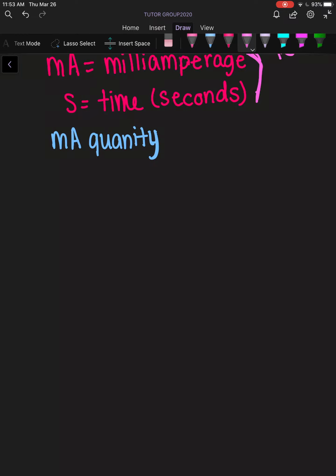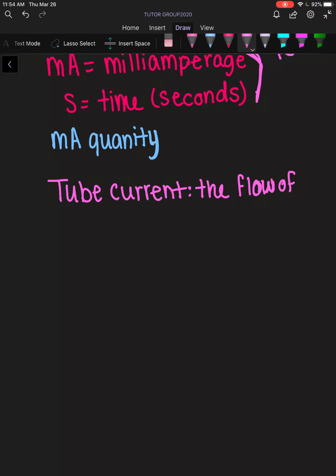Tube current is something you definitely need to be familiar with when talking about mA and mAs. Tube current is the flow of electrons in the tube.